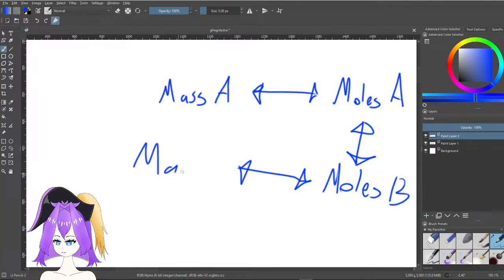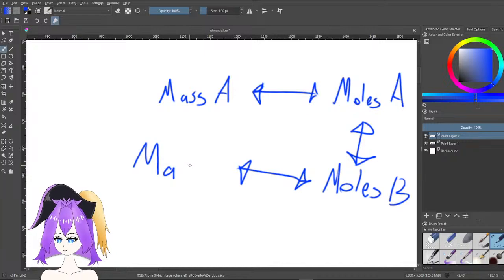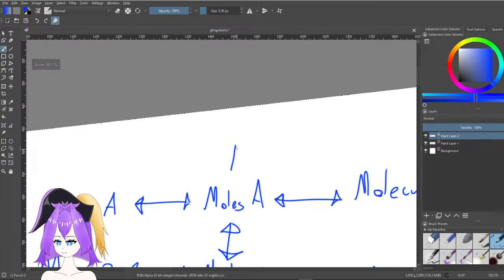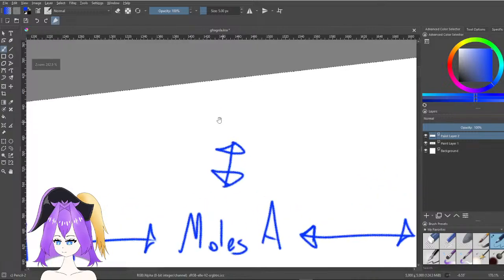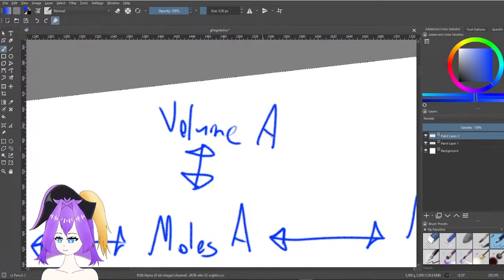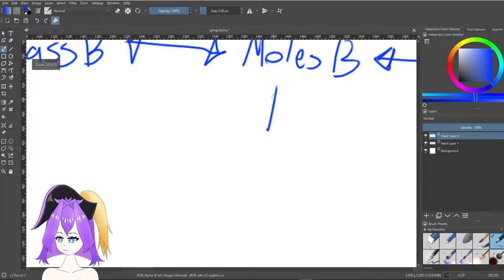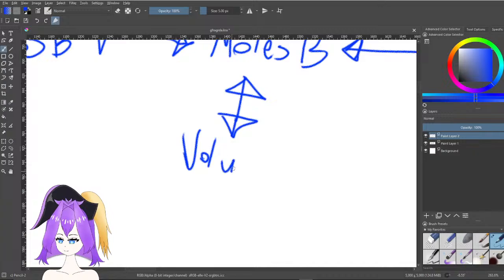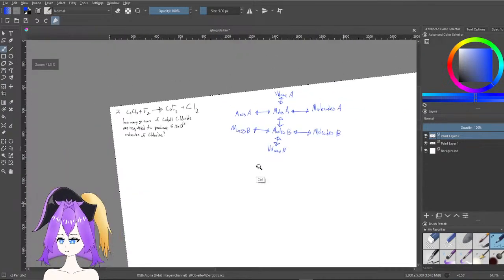My A's are horrible anyways. So mass of B. We can also go to gases, so volume of A. No, volume of B. Here we go.